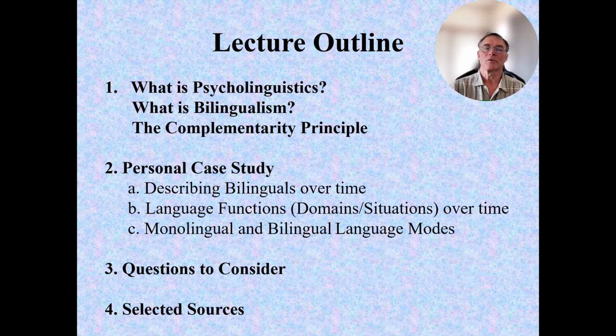B, language functions, and these are domains or situations and how that changes over time. And then C, monolingual and bilingual language modes. And in the third part, I'll just introduce some questions that you may want to consider. And afterwards, part 4, I have selected sources that you may want to look into yourself.